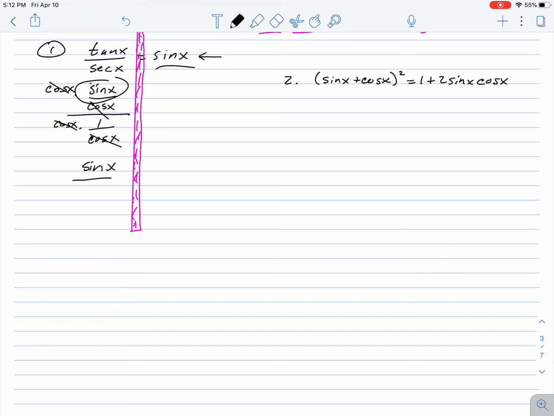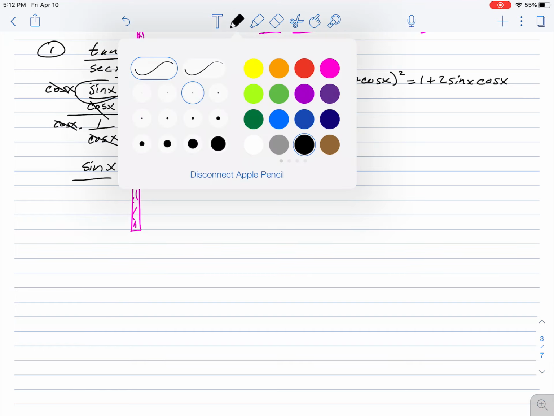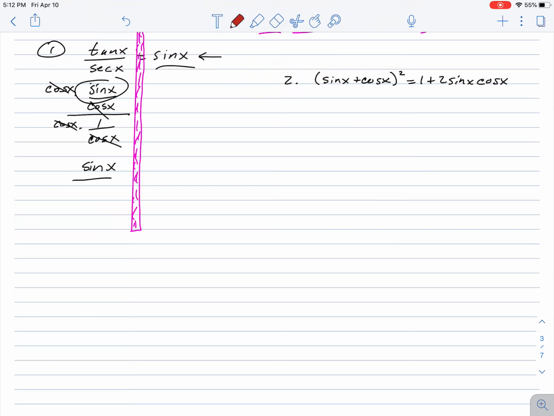Again, no moving things across the equal sign. This is going to be an example of what happens when you multiply things out. So I look at this left-hand side. Everything's already in terms of sine and cosine, so that's not really an option. But this left-hand side has something to multiply, so maybe something magical happens if we do that.